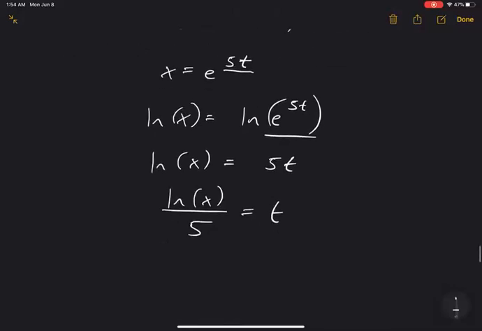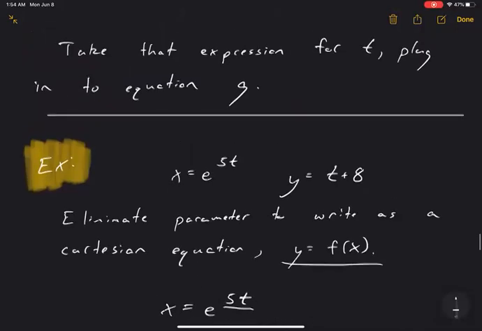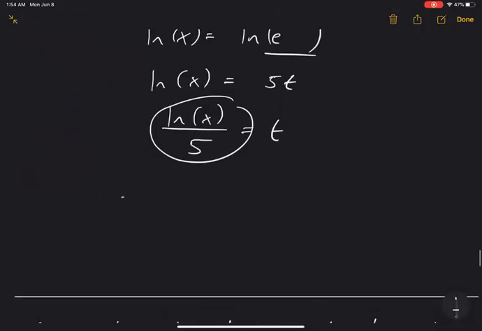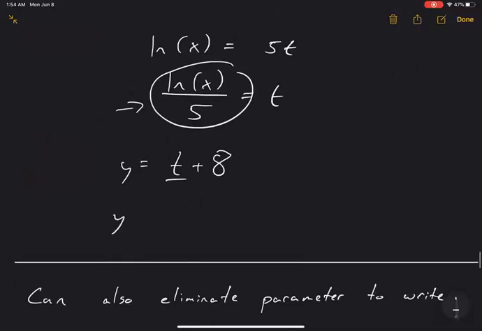So now I'm going to take this expression for t and plug it into the equation y equals t plus 8. So let's replace this t with this thing. So now I have y equals ln of x over 5, plus 8. Okay, and now I'm done. I've written y as a function of x. So I've eliminated the parameter.